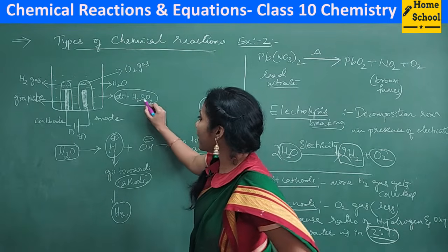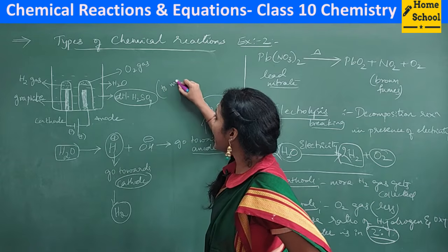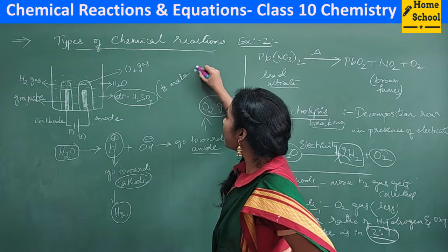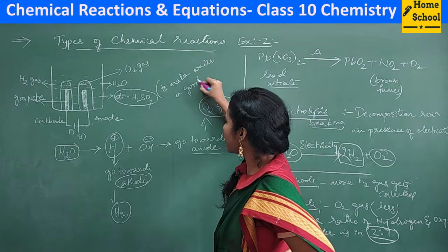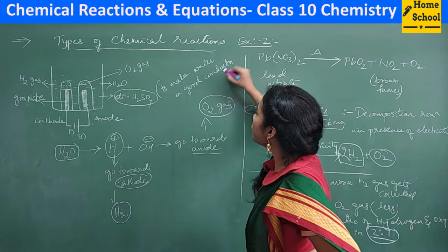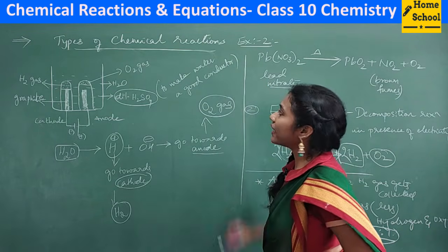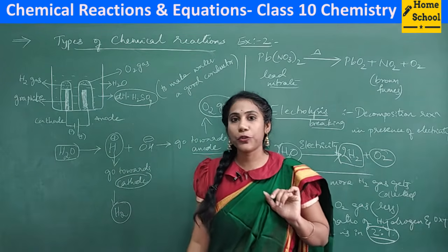Okay, so what is the purpose of adding H2SO4 here? It is to make water a good conductor. Water is actually a bad conductor of electricity. So to make water a good conductor of electricity, we have to add a little bit of H2SO4.